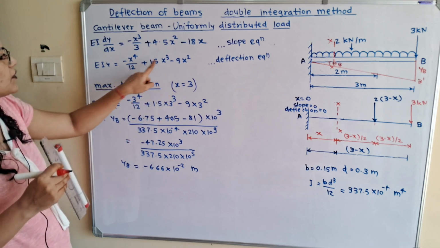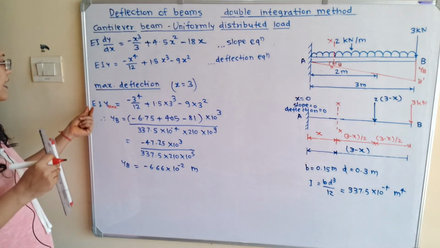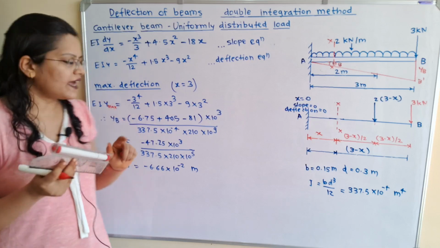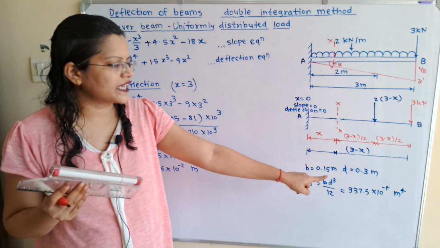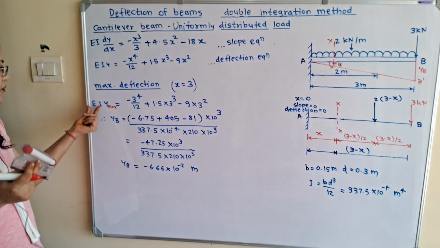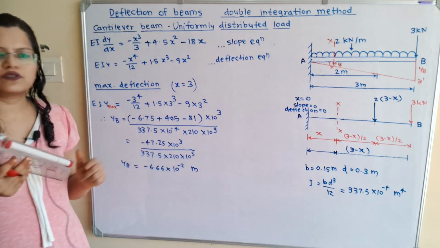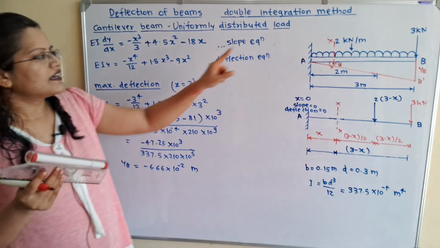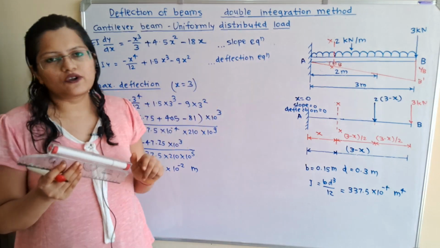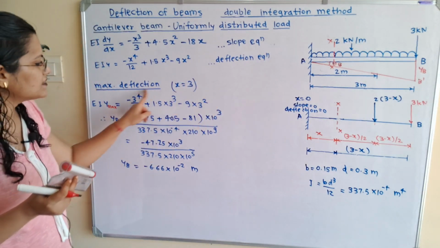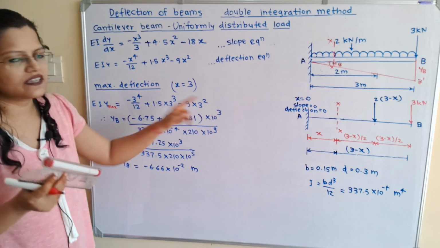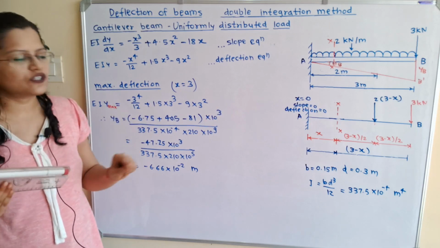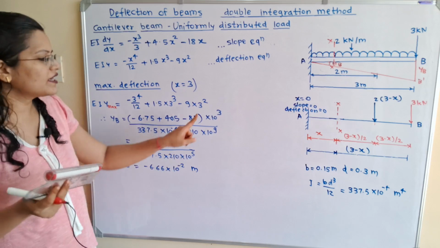So put x is equal to 3 on the right hand side and the value of EI. E is 200 into 10 raised to 9 and I is equal to 337.5 into 10 raised to minus 4, and we will transfer this term to the right hand side. And if we observe, we considered the load in kilonewton. So for this right hand side we have to multiply with 10 raised to 3, because the standard unit of load is Newton for the calculation.